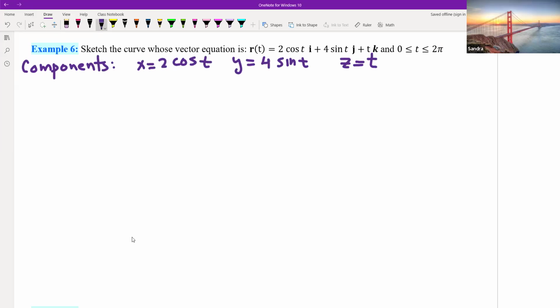Even if I replaced the t with the z, it would not help me. But since I have cosine and sine, I am thinking how to get rid of those trigonometric names, sine and cosine. Now, I do have three different components. Three different components will give me a surface.